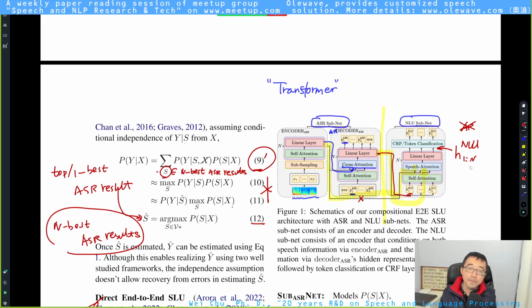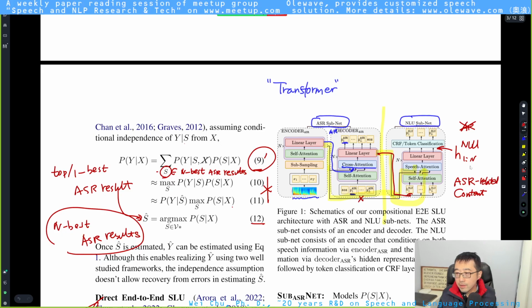You can see that the NLU would be only focusing on the high-level content, the ASR-related content.